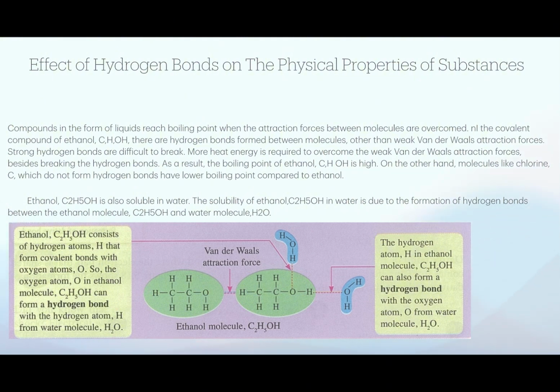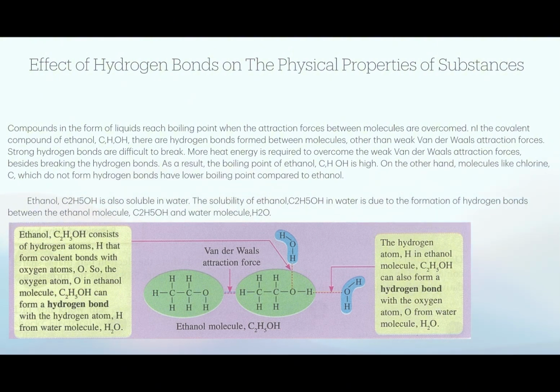ethanol. Ethanol, C2H5OH, is also soluble in water. The solubility of ethanol, C2H5OH, in water is due to the formation of hydrogen bonds between the ethanol molecule, C2H5OH, and the water molecule, H2O.